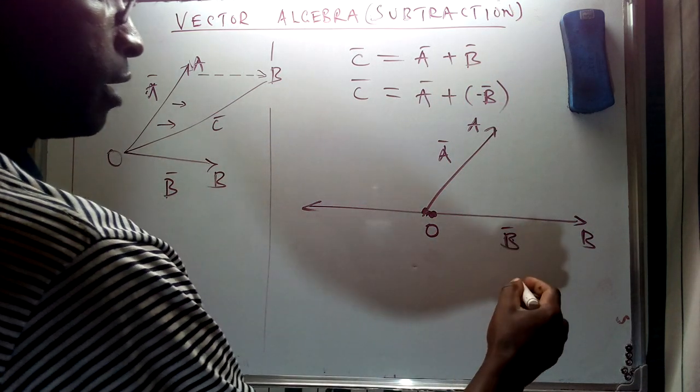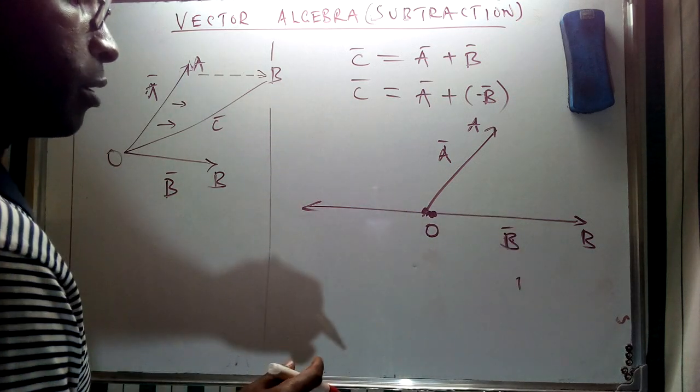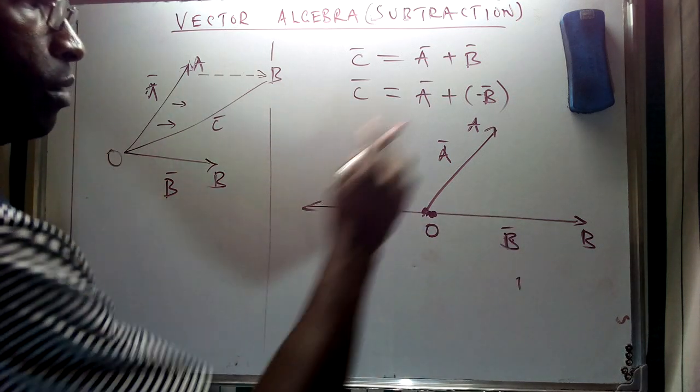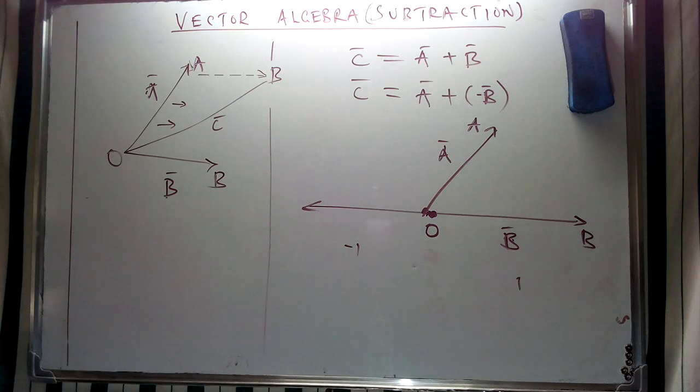So suppose B was a unit vector, then B is going to change its direction due to the negative sign, and we're going to have a negative unit in terms of its magnitude.